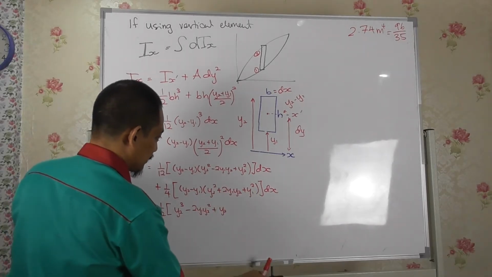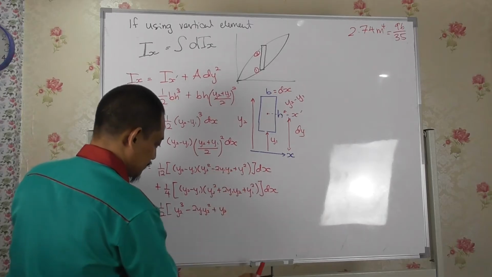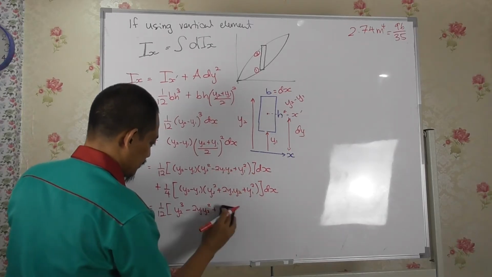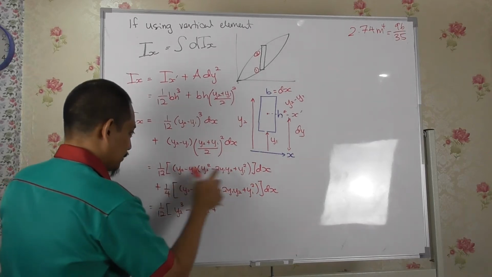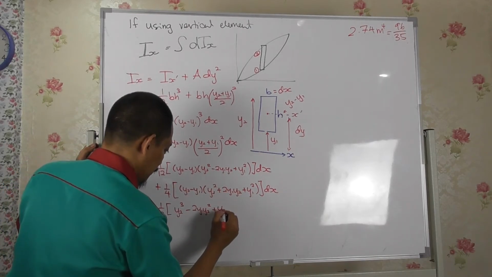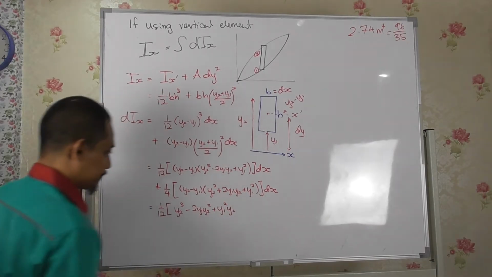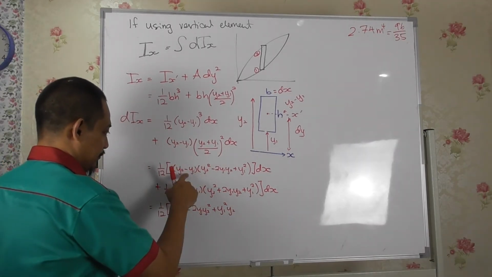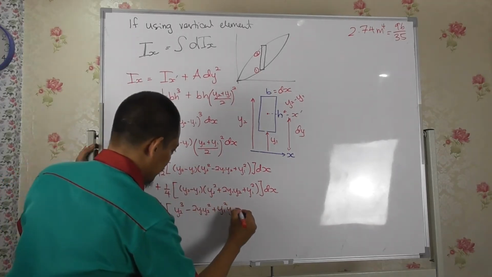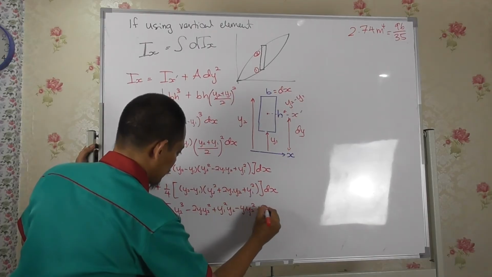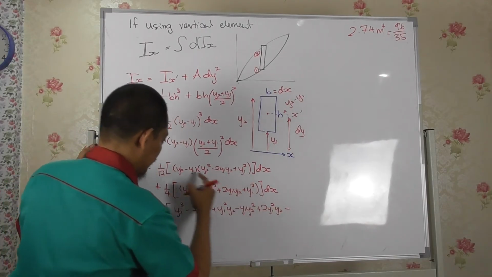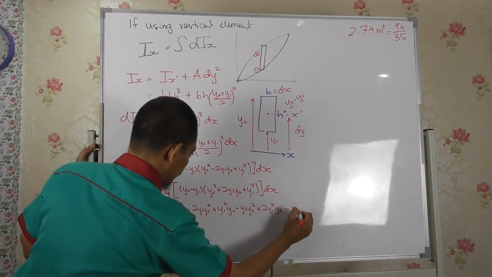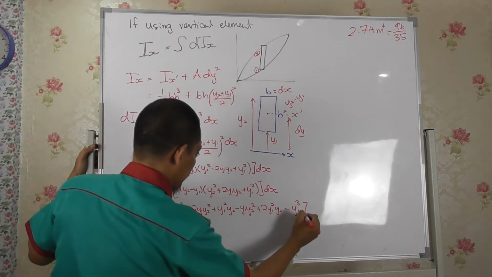Wait, what is wrong here? Is there any mistake? Okay, again y2 with this one is y1 square y2, and then multiply everything with minus y1, so it becomes minus y1 y2 square, plus 2 y1 square y2, negative y1 cube, and then dx.